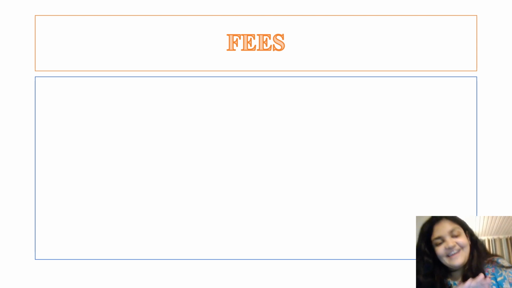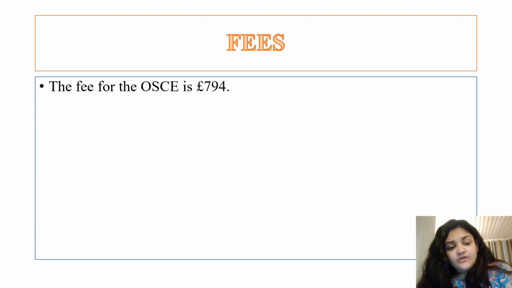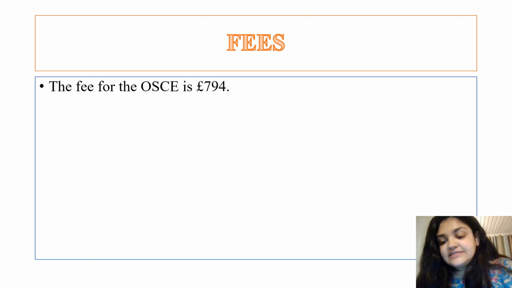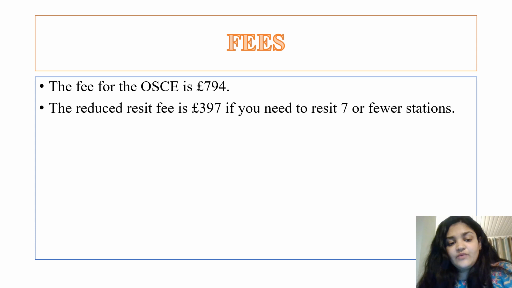But thank God, I cleared my OSCE in the first attempt. The OSCE fee is 794 pounds, and for a reset we have to pay 397 pounds. If we fail in three stations or seven stations or whatever, we have to pay the same.